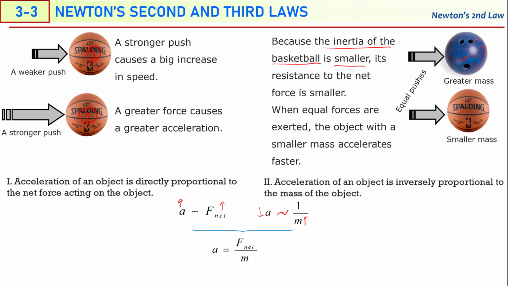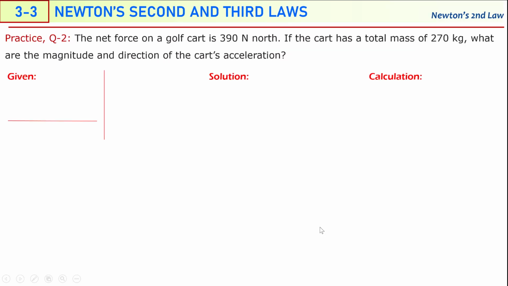Then if you cross-multiply, you get that F_net is equal to mass times acceleration. You can rewrite this equation in an alternative form, because the net external force, which is the sum of vectors, the sum of all forces acting on the object, must be equal to the mass of the object multiplied by the acceleration of the object: ΣF = m·a.